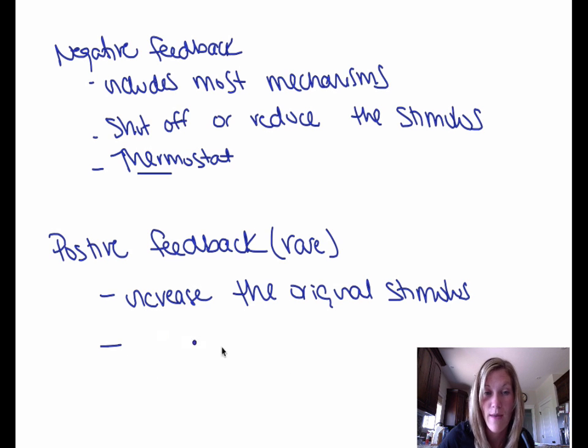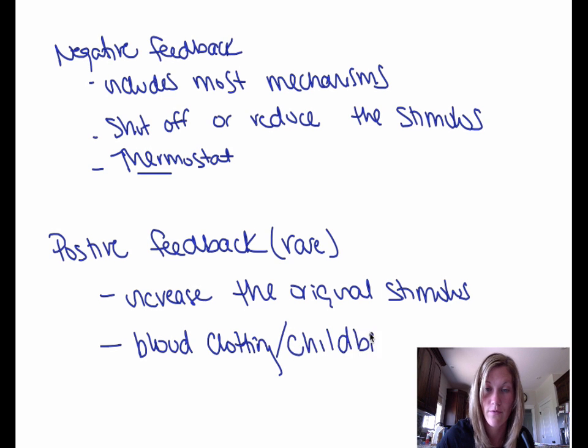Normal positive feedback occurs in blood clotting and in childbirth, two really good examples of positive feedback. The stimulus is going to increase until the baby is born, or until your blood actually clots.